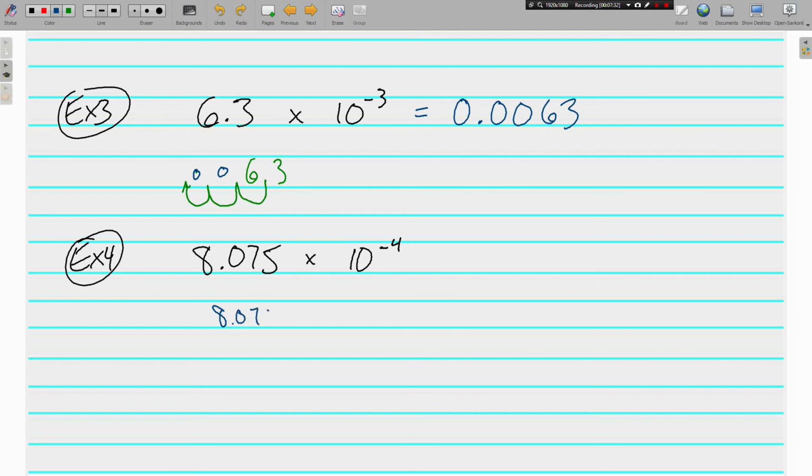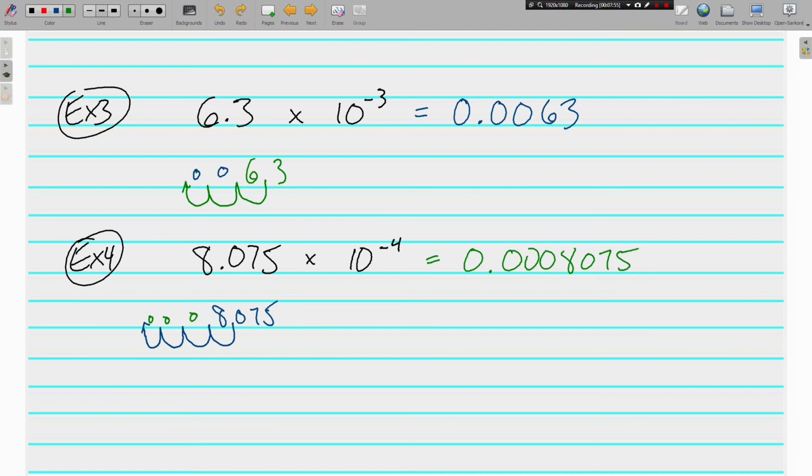And 8.075 times 10 to the negative fourth, going back 1, 2, 3, 4 times. Need 3 zero placeholders. So this is the same as 0.0008075.